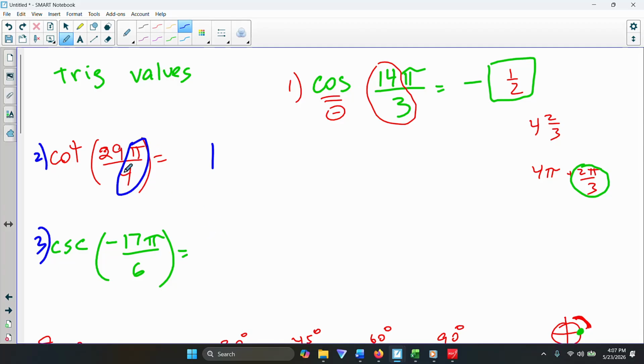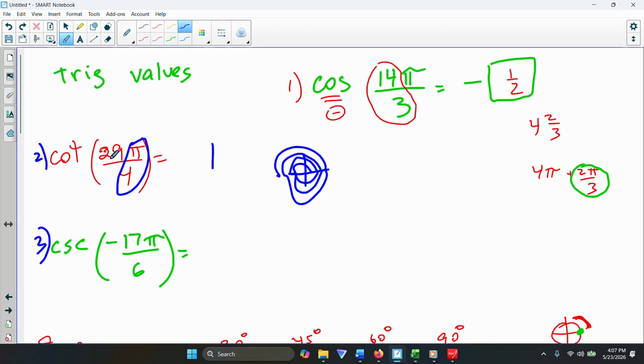So let's see. Had this been 28 pi over 4, that would be 7 pi. Here, 29 divided by 4 in mixed number format is 7 and 1/4. So what's 7? 7 pi: 1, 2, 3, 4, 5, 6, 7. Oh okay, landed here.